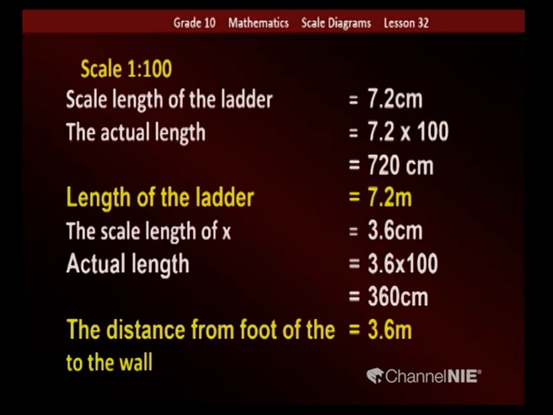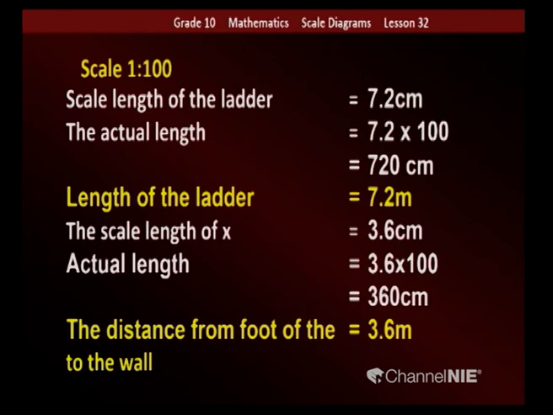Okay. Now accordingly I can find the actual length. The scale length of the ladder is 7.2 centimeters. Then I am finding the actual length there by multiplying 100, 720 cm. Now this is familiar to you. Now the length of the ladder is 7.2 meters.